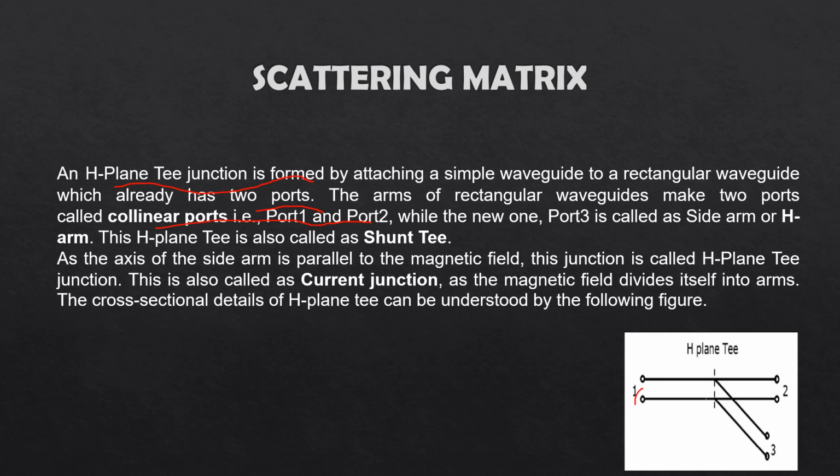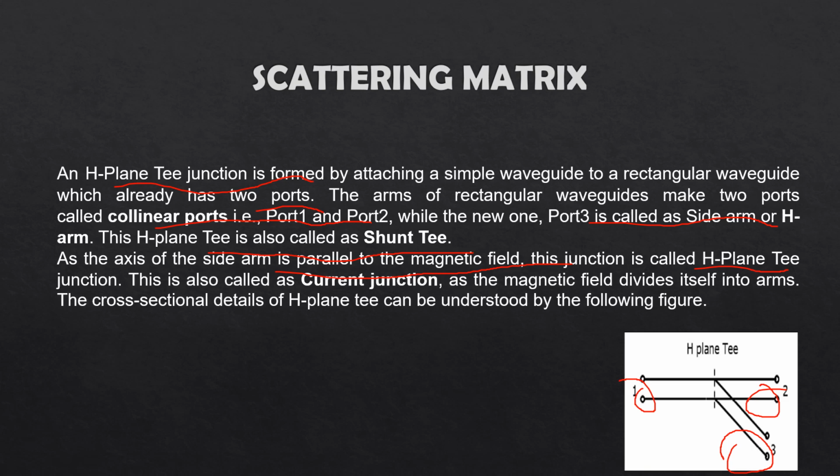While the new one, port 3, is called the side arm or H arm. This H-plane T is also called shunt T. As the axis of the side arm is parallel to the magnetic field, this junction is called H-plane T.